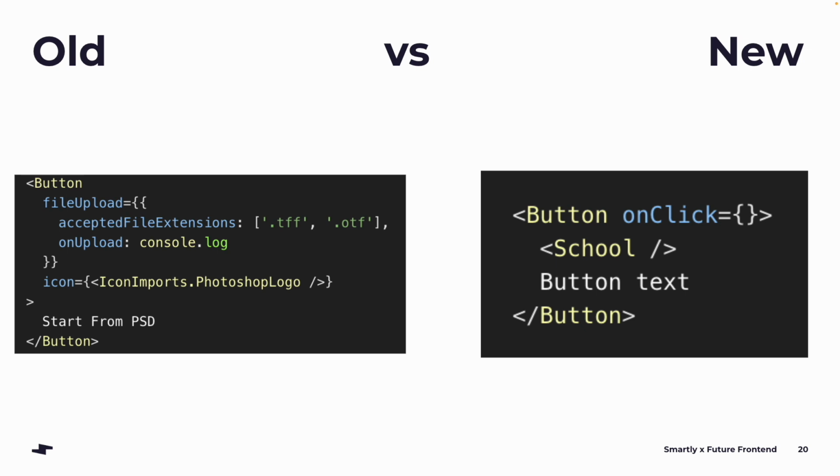But this causes an issue if someone for some reason needs to have the icon on the right-hand side of the text. Then they need to go to overriding these styled component styles, like make a new styled button, and then dig into the internals of the button and try to do some CSS magic to move the icon around.